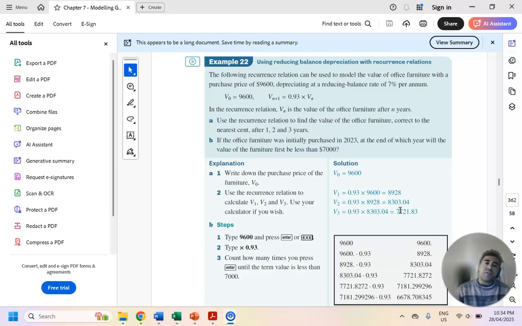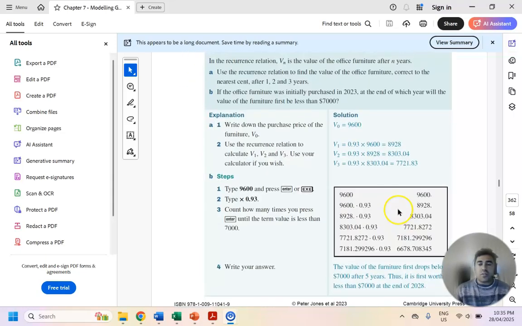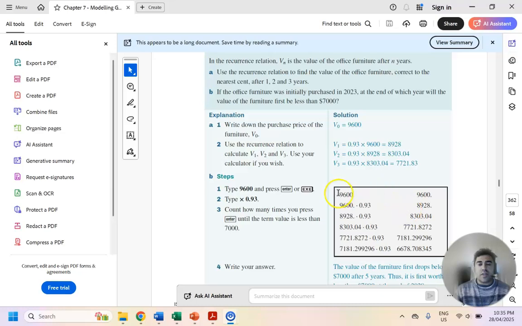Second question: if the office furniture was initially purchased in 2023, at the end of which year will the value of the furniture be less than $7,000? You would just keep doing this approach until you get to an amount that's less than $7,000. Then you count how many times this operation has been applied. Not including the first line, because that's our initial amount: 1, 2, 3, 4, 5.